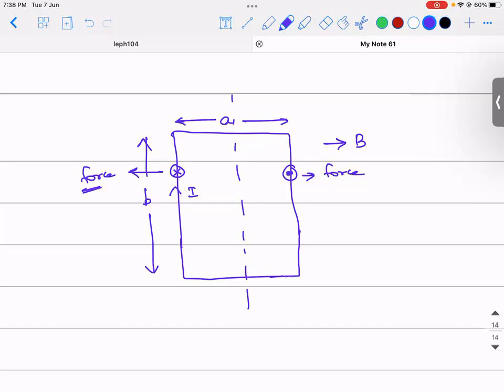Right. So if this is into the plane and this is out of the plane with equal magnitude, what will these two forces do to the system?